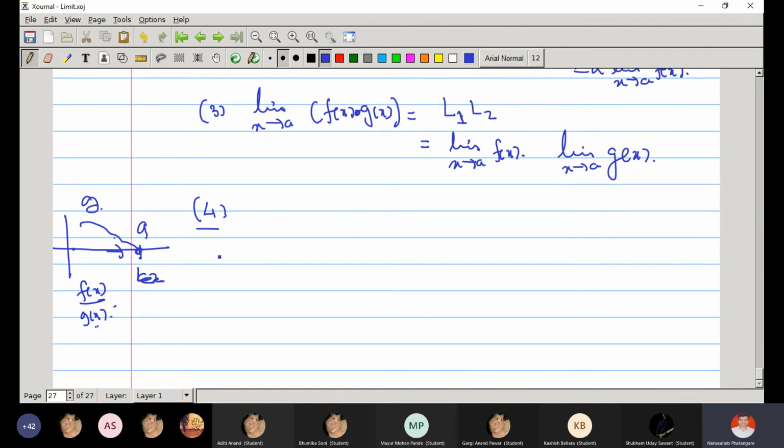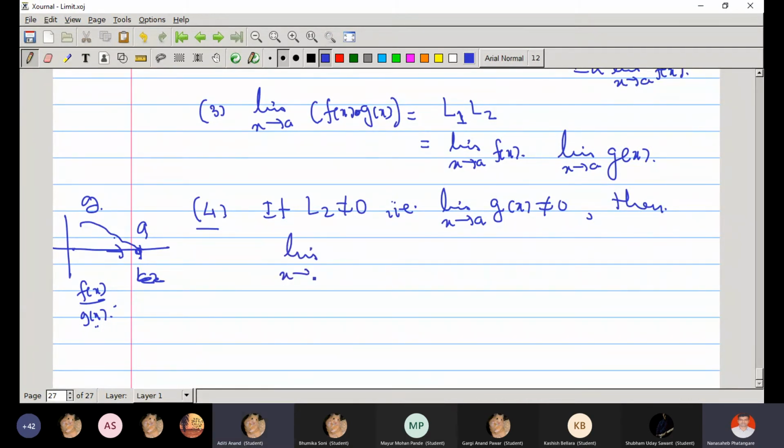That is possible, right? Now if L2 is non-zero, then can you divide?